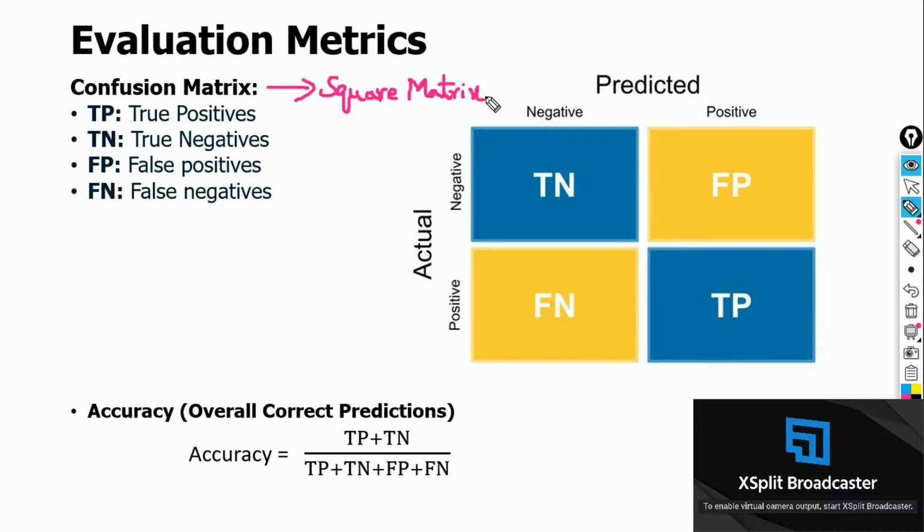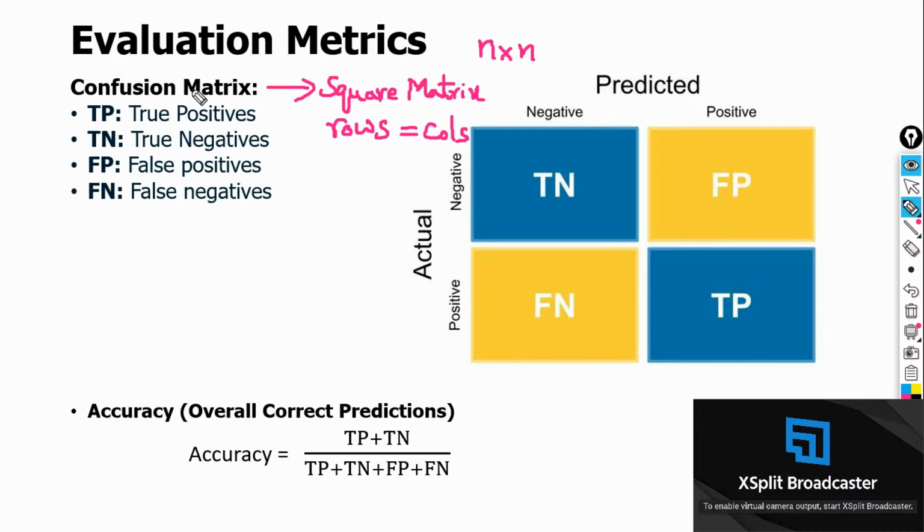Good. A square matrix is nothing but, as my friend says, n by n. What does that mean? It means the number of rows will be equal to the number of columns.